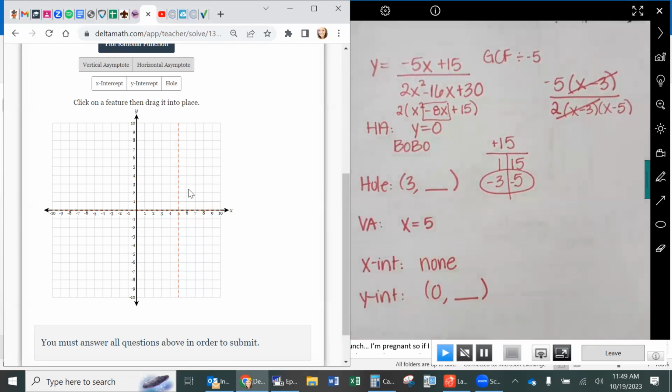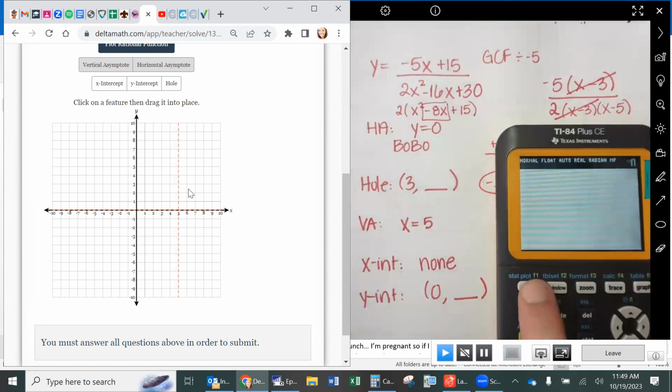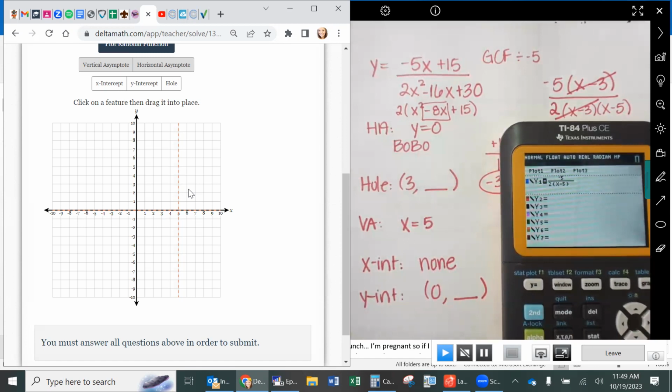When you go into your calculator, what part of the equation are you gonna not type? The cross out part. So it'll be y equals negative 5 on top over 2x minus 5 on bottom. And then remember, you're just looking for those y values.